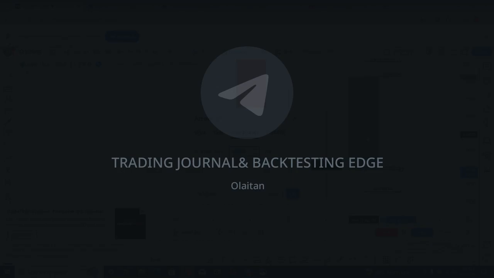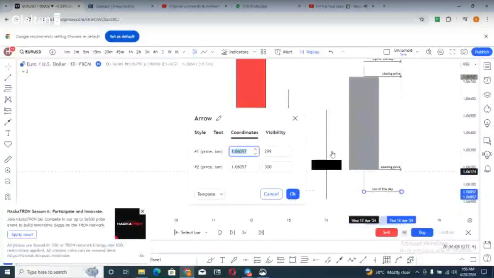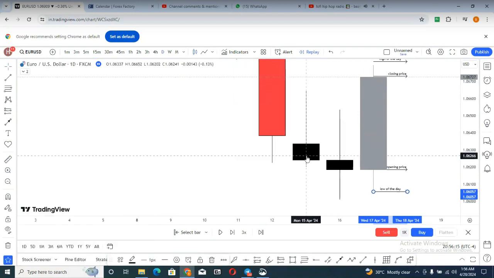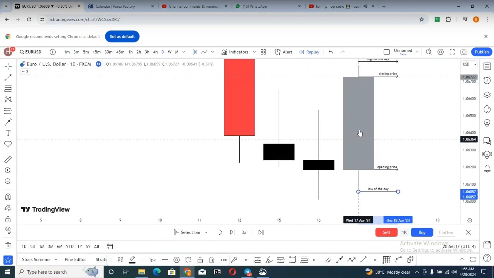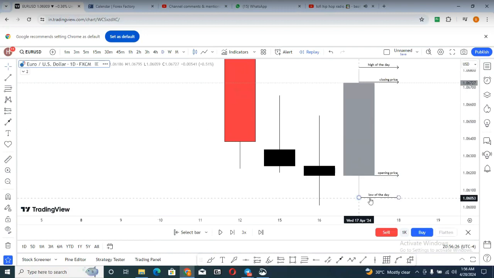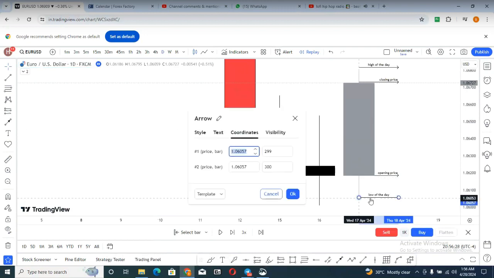Okay, I think this is correct. So the low is also... why is this doing this? So the low.